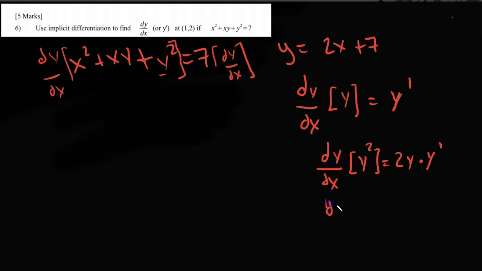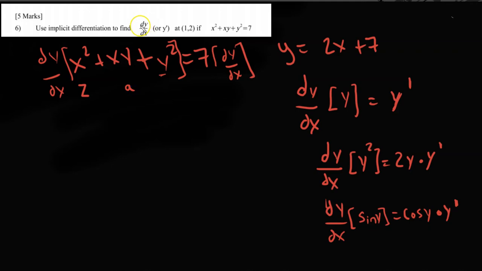Say we have the derivative with respect to x of sine y. It would be the usual derivative, cosine y, but then you multiply by another y prime. So keep that in mind. Sometimes you might be tricked and they give you a z instead of an x, or an a.